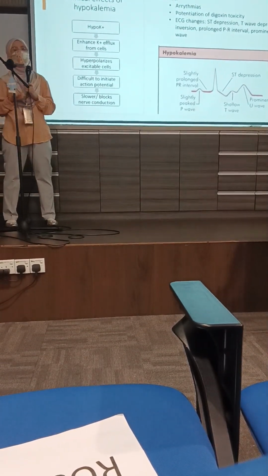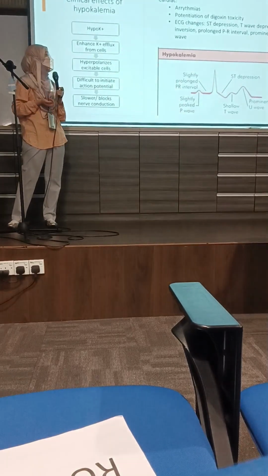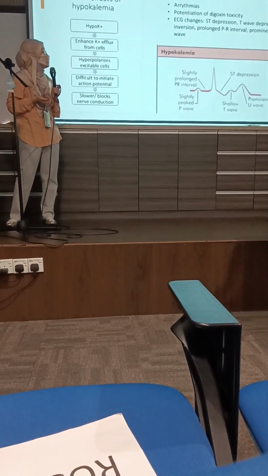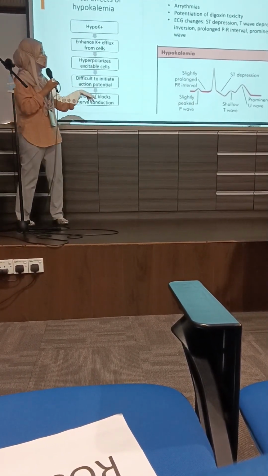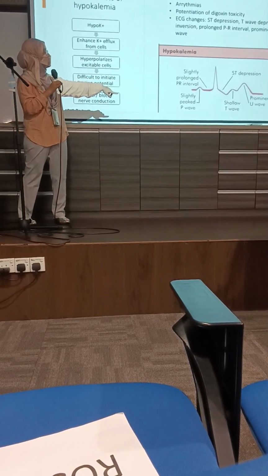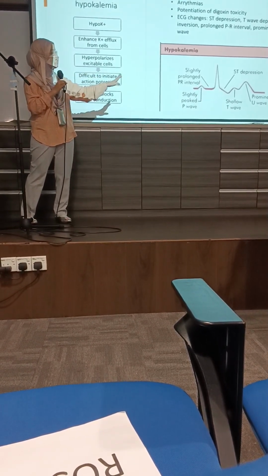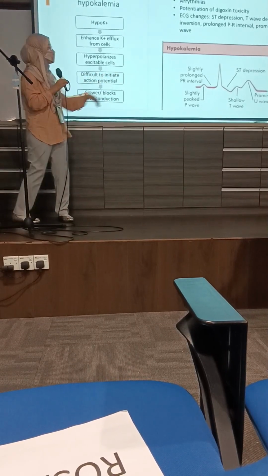So dia akan jadi slower nerve conduction, slow aja. So patient akan dapat ECG changes pun ST depression, T wave inversion, prominent U wave. Maksudnya lepas T tu ada U. U tu prominent.